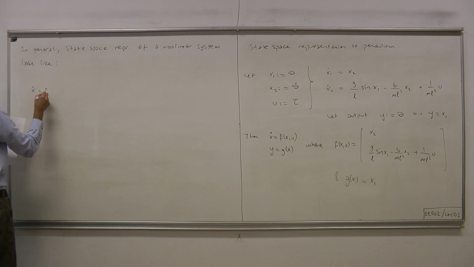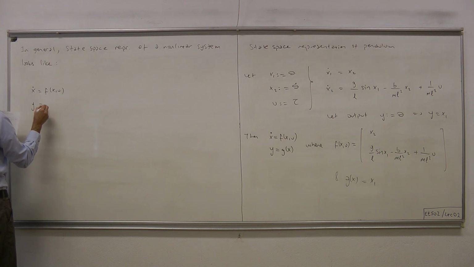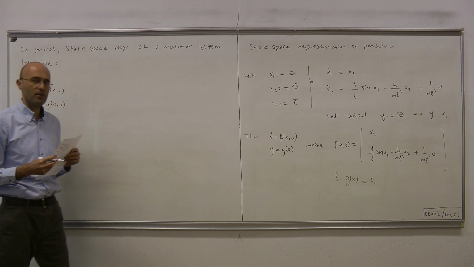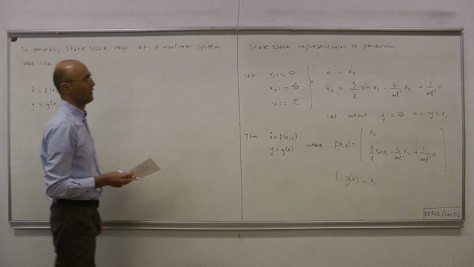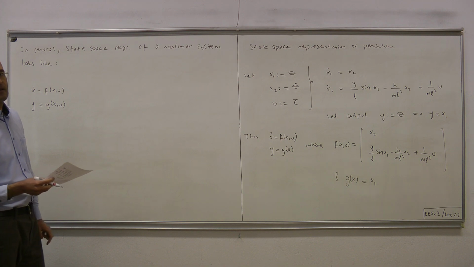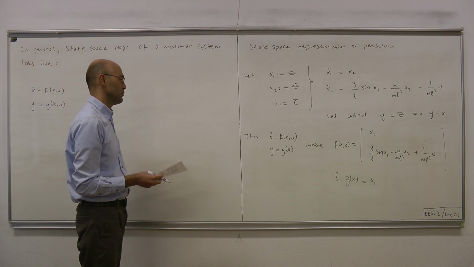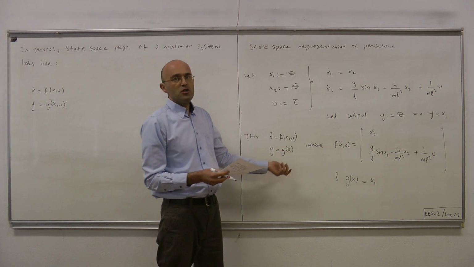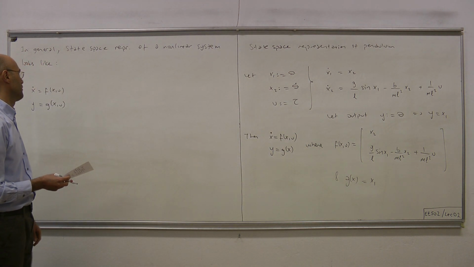X dot equals f of x,u, and y equals g of x,u. In our case, we just had g of x because the output didn't directly depend on the input, but we could have written g of x and u. It wouldn't be wrong, from the grammatical point of view.